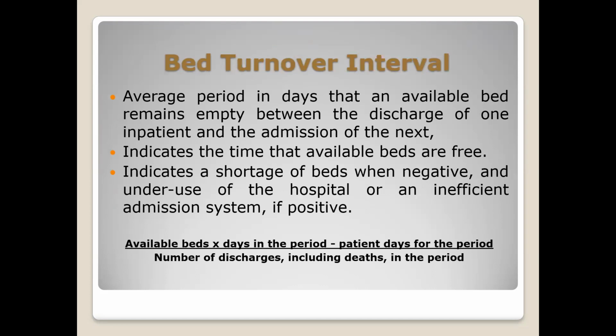That means the average period in days that an average available bed remains empty between the discharge of one inpatient and the admission of the next. It indicates the time that available beds are free. It indicates a shortage of beds when negative, and under use of the hospital or an inefficient admission system if positive.